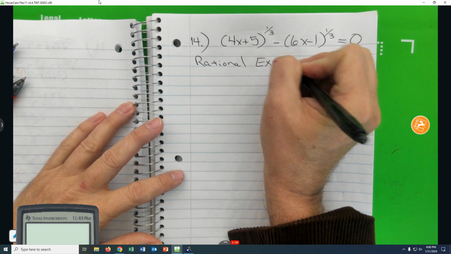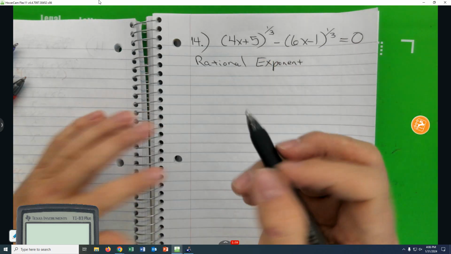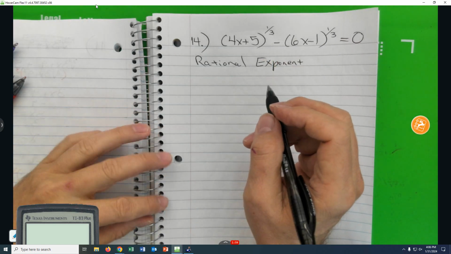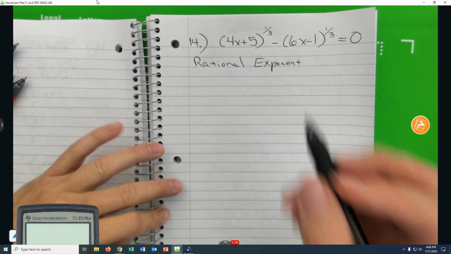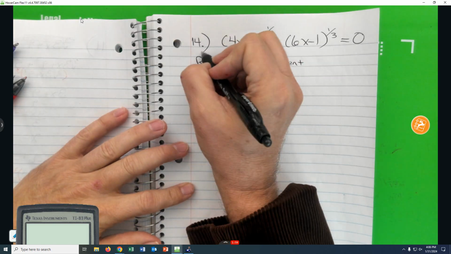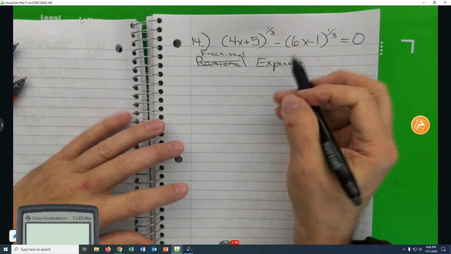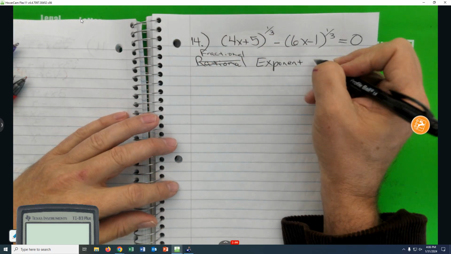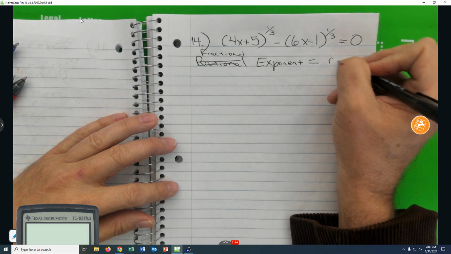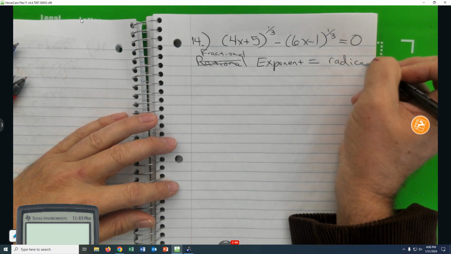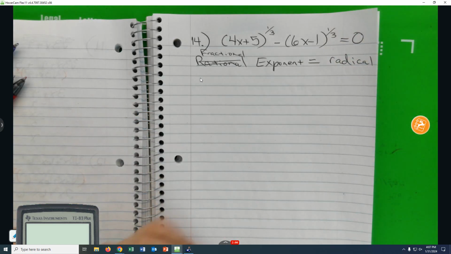So I'm going to write out fractional exponent. A fractional exponent is the same thing as a radical.